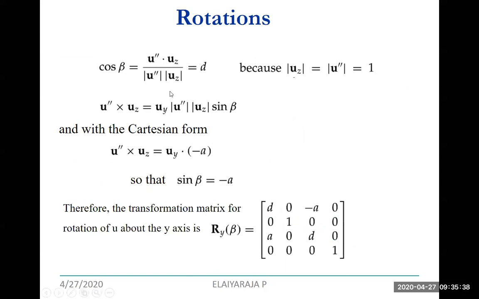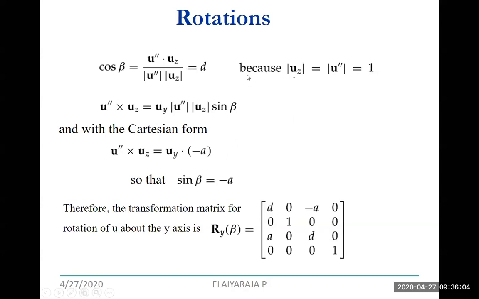And similarly the modulus of u double dash and the unit vector with respect to the z axis will give the value d, and the modulus of u double dash with unit vector z gives 1, okay?